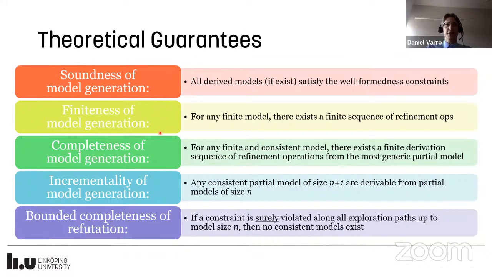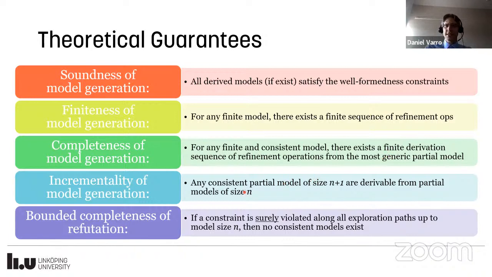Altogether, the graph generation approach or the graph solver approach has a couple of nice theoretical properties or guarantees. One trivial thing is that the derived models do satisfy the well-formedness constraints. Another one is that for any finite model, there is a finite sequence of refinement operations that derives the model. Conceptually, there is a sort of completeness guarantee: for any finite and consistent model, there exists a finite derivation sequence of refinement operators from the so-called most generic partial model that derives the model.